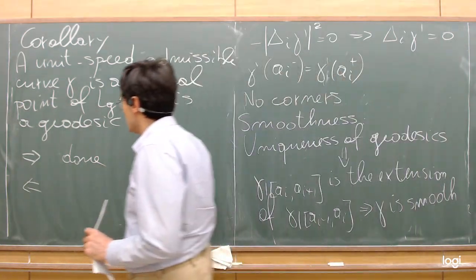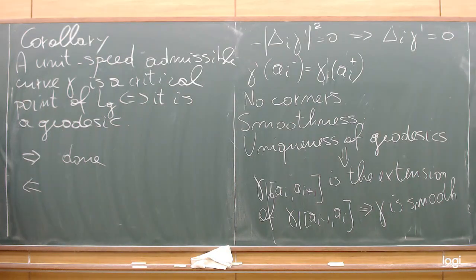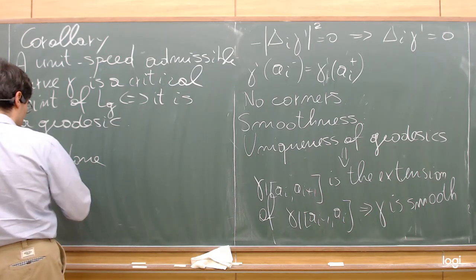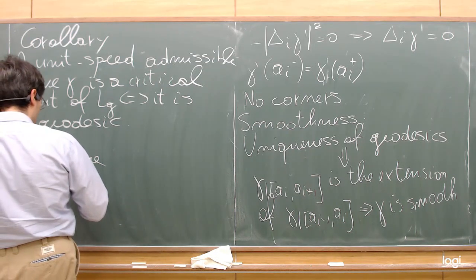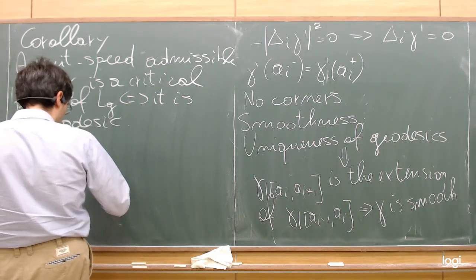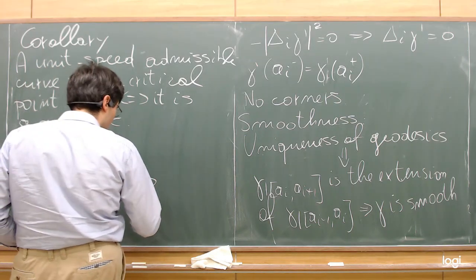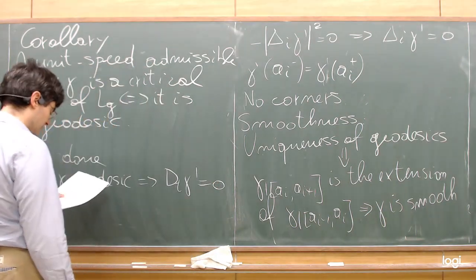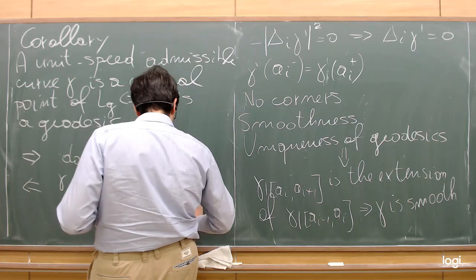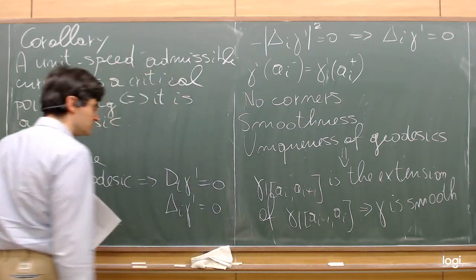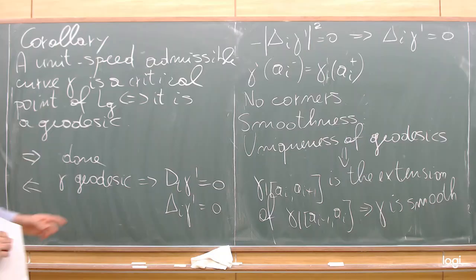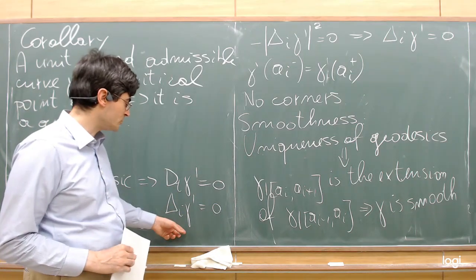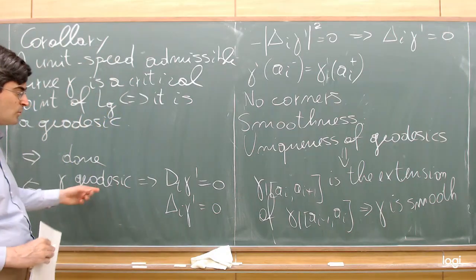This is very easy. We use again the first variation formula. Precisely, you have that if gamma is a geodesic, then you have that Dt gamma prime equals 0 and delta I gamma prime equals 0, because gamma prime has no corners, because this is a smooth curve.